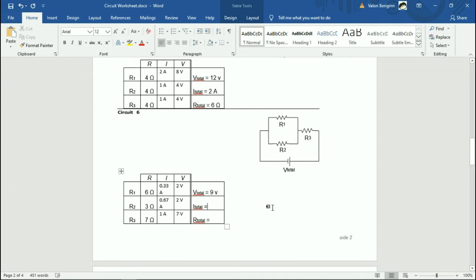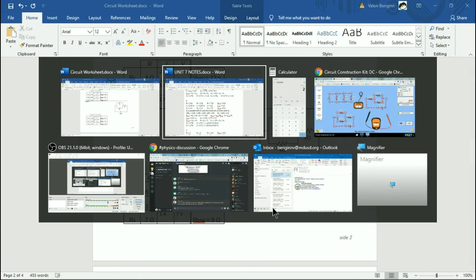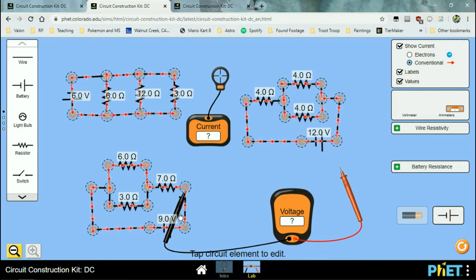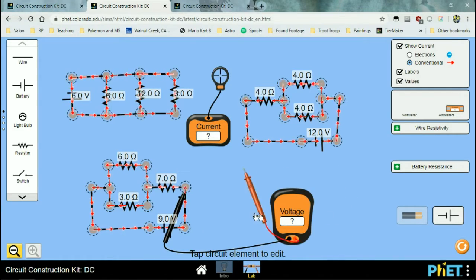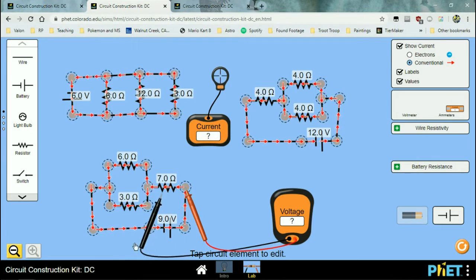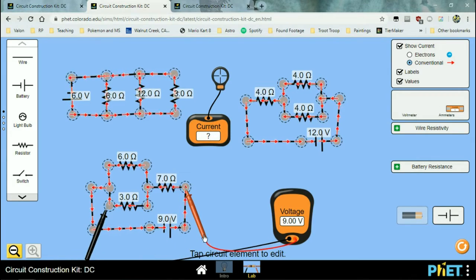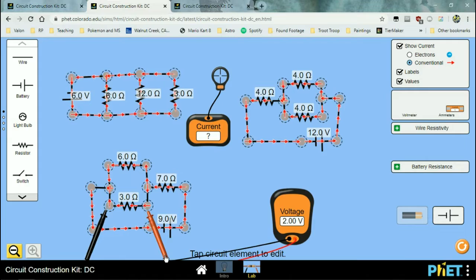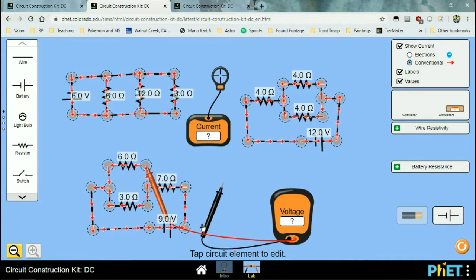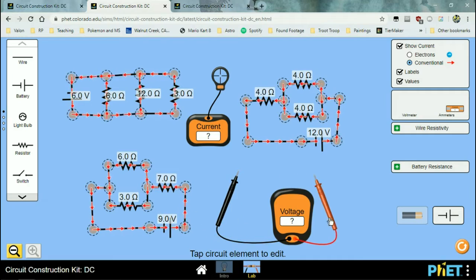Total current is 1 amp. The total resistance is 9. Let's make sure that's all true. Total voltage is that. I always forget the order here. This one should be 2, and this one also 2. Okay, that's all good.